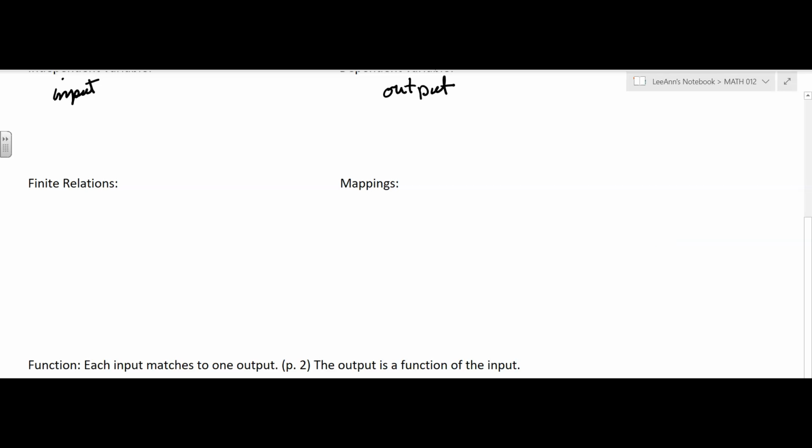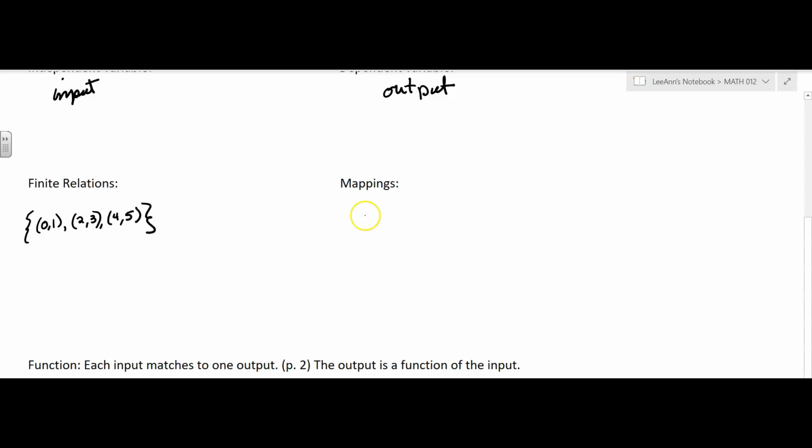Finite relations, that's like the one we had up above, where we had (0, 1), (2, 3), and (4, 5). That is finite because there's only 3 ordered pairs. I made up that relation, and those are the ordered pairs that I gave. When we have a finite set, we can make what's called a mapping.